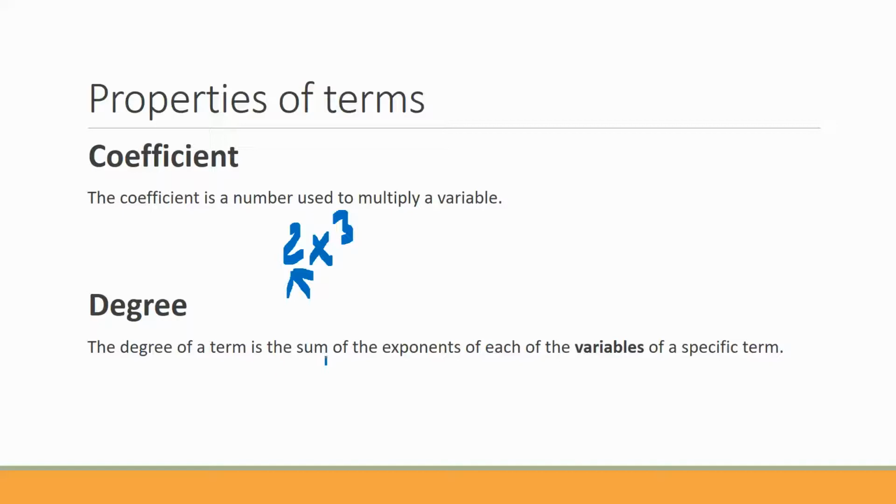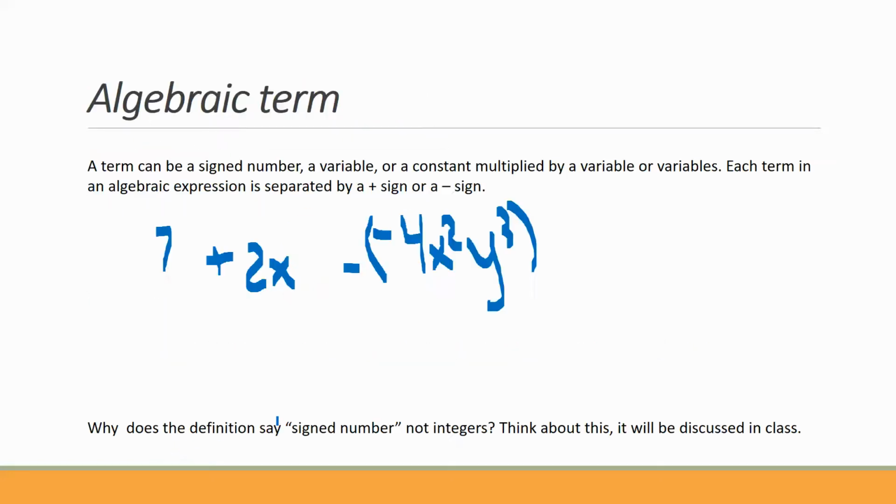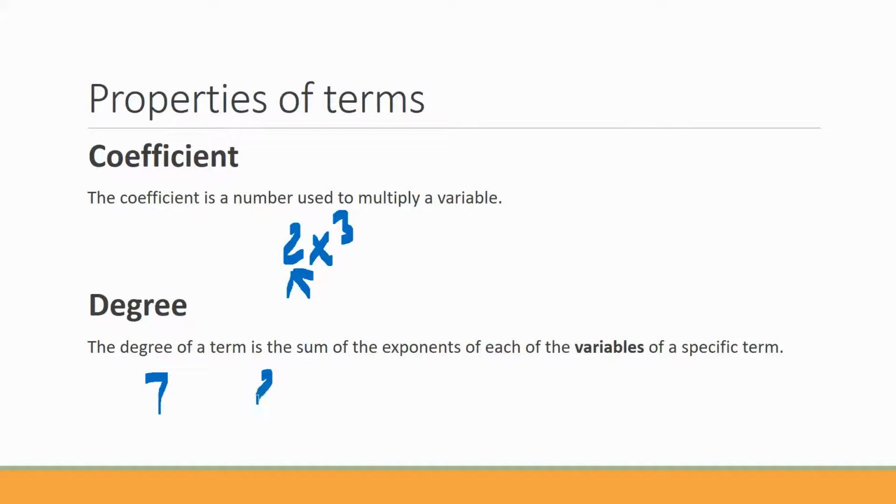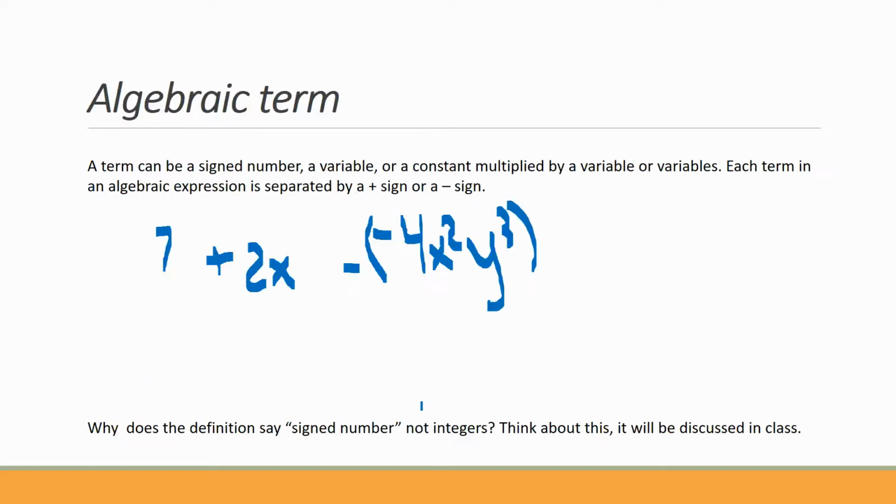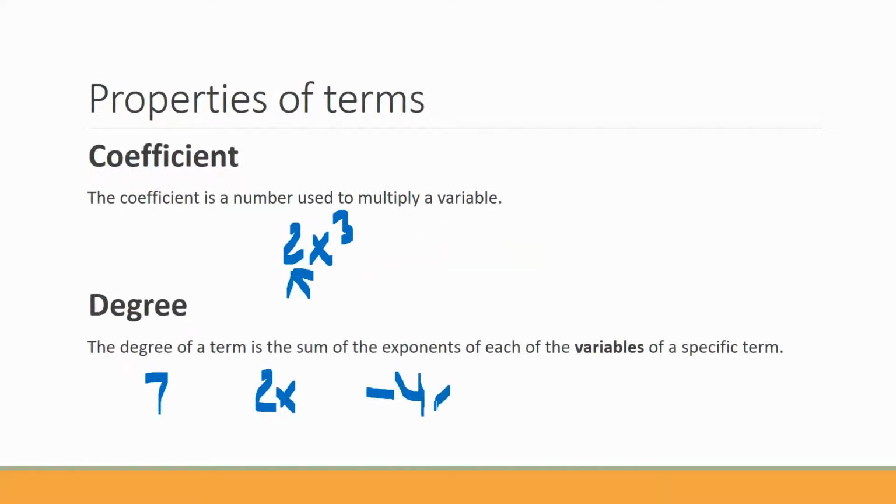The degree of the term is the sum of the exponents of each of the variables of a specific term. So we had 7 before. We had 2x before. And we had negative 4x squared y cubed. The degree of this term is the sum of the exponents of the variables.